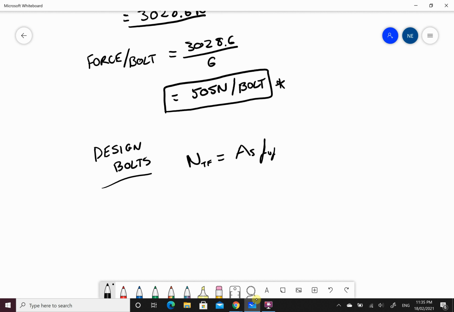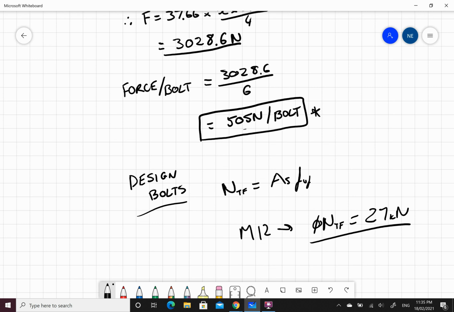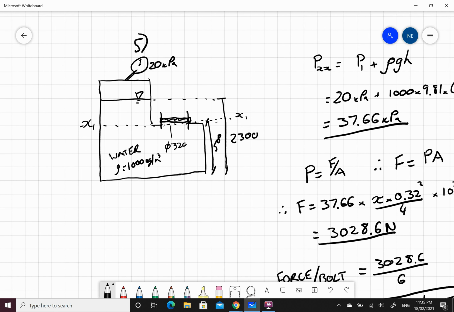Alternatively, you could use a table, and what you'll find is an M12 bolt gives you a reduced capacity in axial tension of the fastener of about 27 kilonewtons. That's per bolt. So an M12 bolt will absolutely smash this to pieces. If you've got 6 of them, it's very strong.